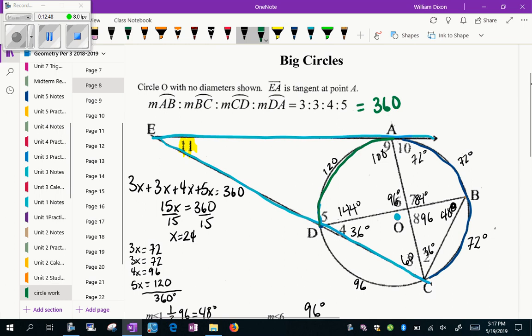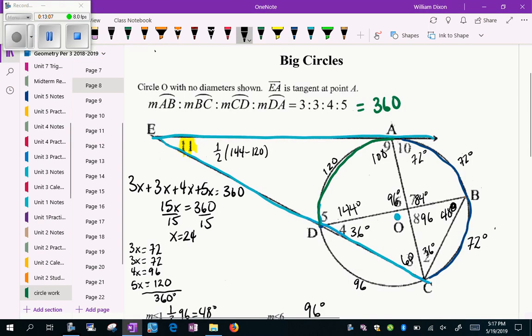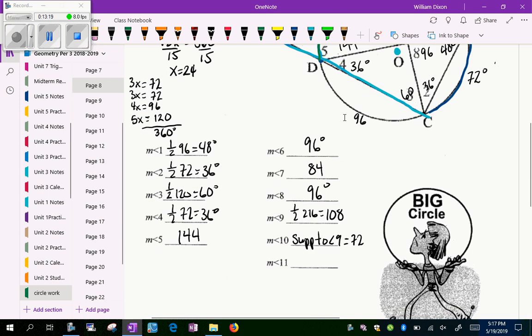Okay, it's going to be 1/2 of that. So it's going to be 1/2, and I subtract those two, and I get 144 minus 120. And that's going to be 1/2 of 24, which equals 12. So 11 is going to be 12 degrees.